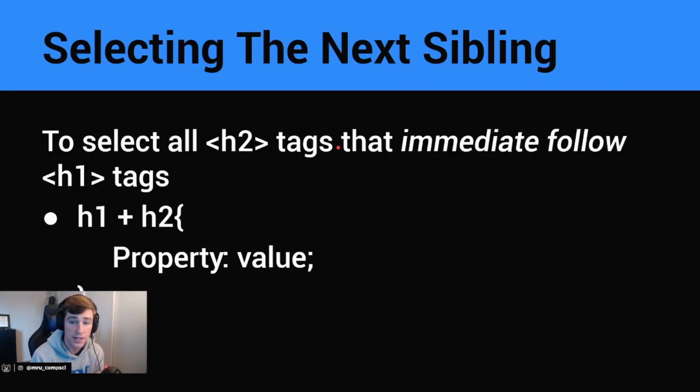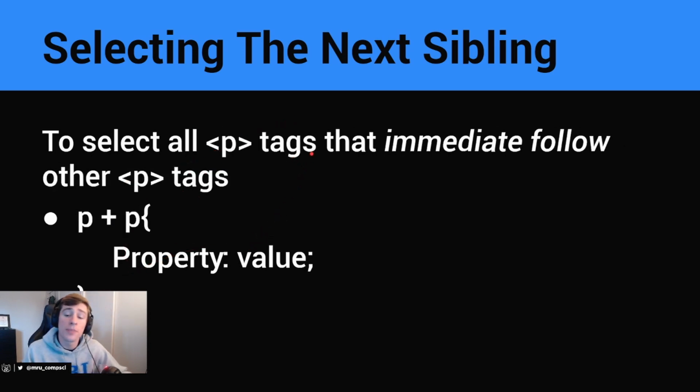Next up, finally, is selecting the next sibling. So to select all h2 tags that immediately follow h1 tags, you would do h1 plus h2, and then put a property and a value. To select all p tags that immediately follow other p tags, you would do p plus p.